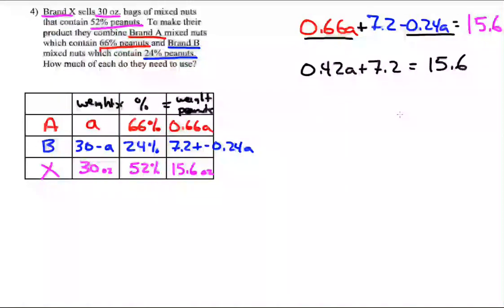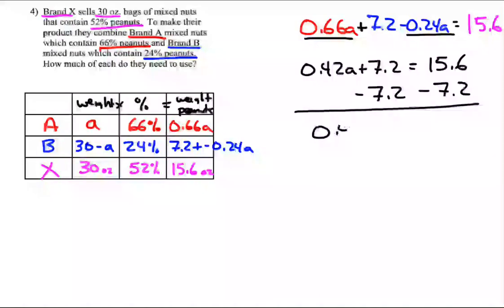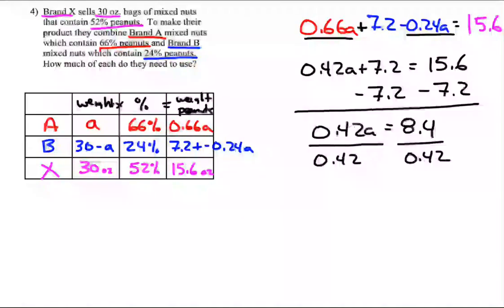So now if I subtract out 7.2 from both sides, I end up with 0.42A is going to equal 8.4. And then if I divide both sides by 0.42, those cancel.